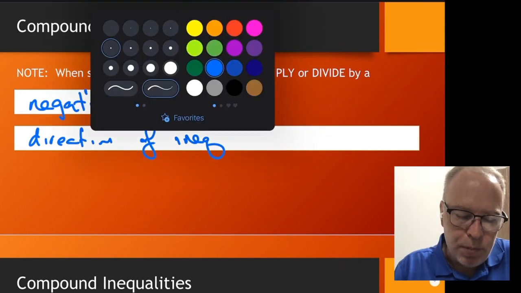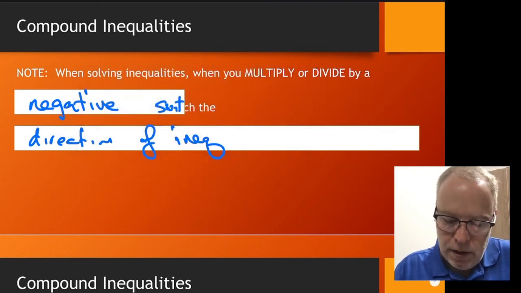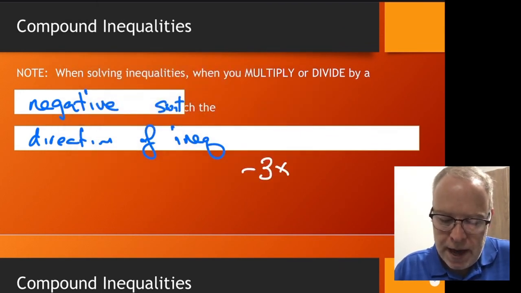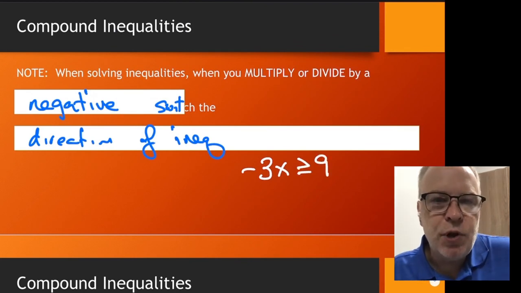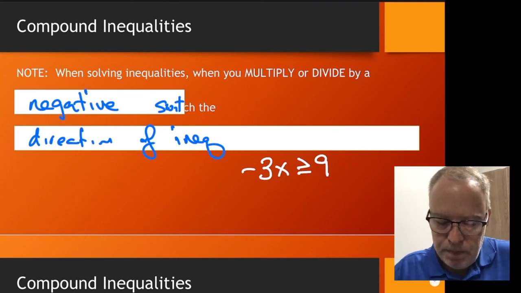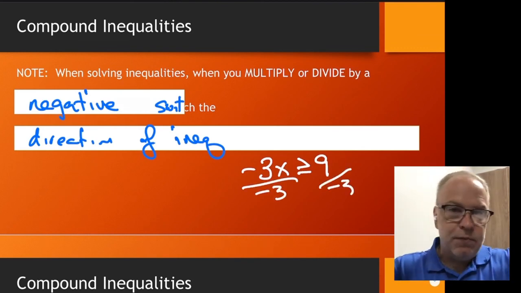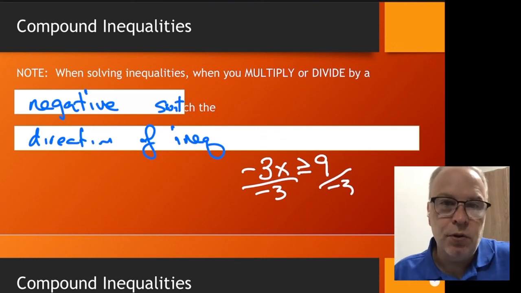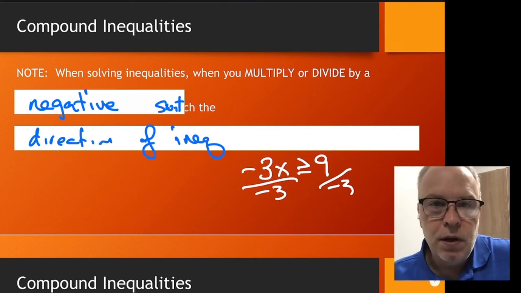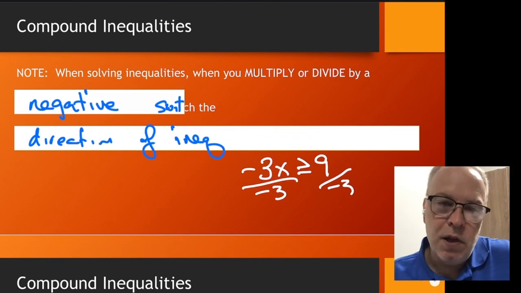So for example, if you had negative 3x is greater than or equal to 9, I'm trying to figure out what x must be, and if I divide by a negative, I have giant sirens that go off in my head, like alert symbols, like, oh my gosh, I just divided an inequality by a negative.